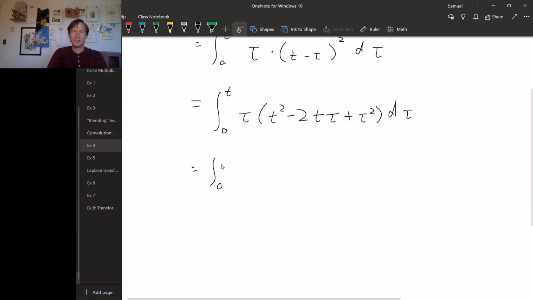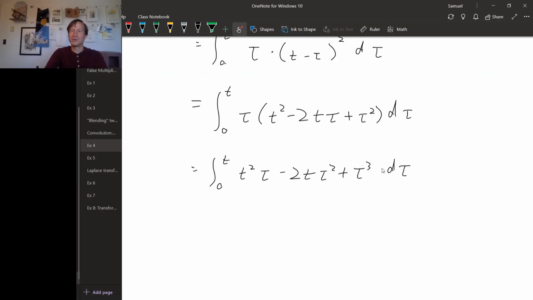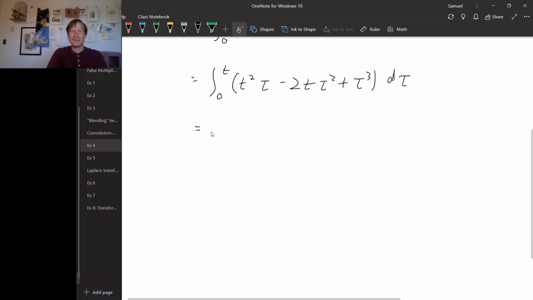So integral from 0 to t of t squared. Why don't we factor the... oh no, that's not going to work. T squared tau minus 2t tau squared plus tau cubed. There we go, d tau. And now we can do the integral with respect to tau.